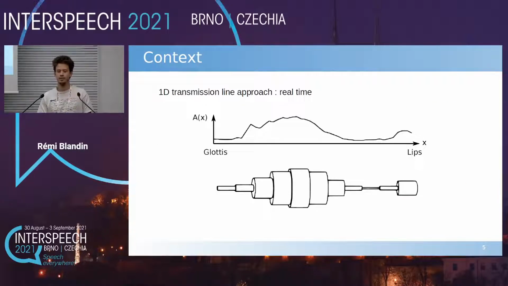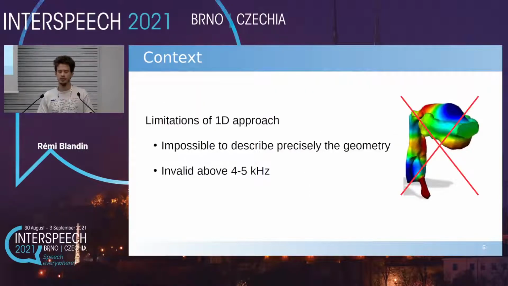But it has some limitations. So the first one is, since we simplify the vocal tract shape, we cannot simulate precisely the vocal tract geometry. And the second one is, since it relies on the plane wave assumption, it cannot simulate properly the 3D acoustic field at high frequency, and it is valid only up to about 4 or 5 kHz.